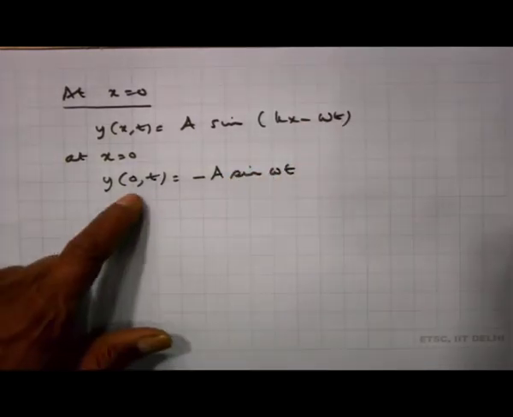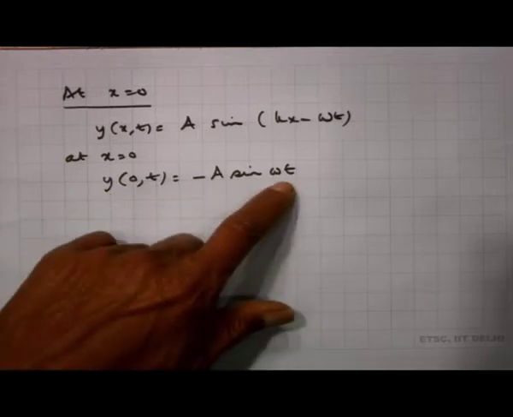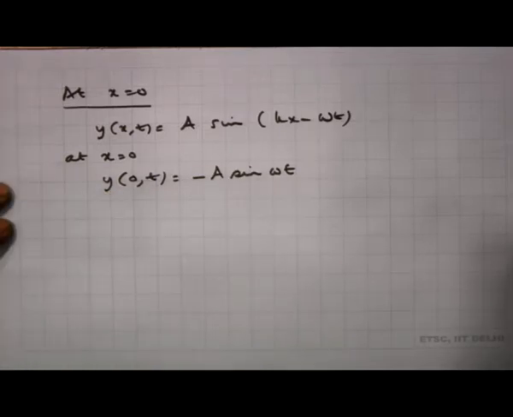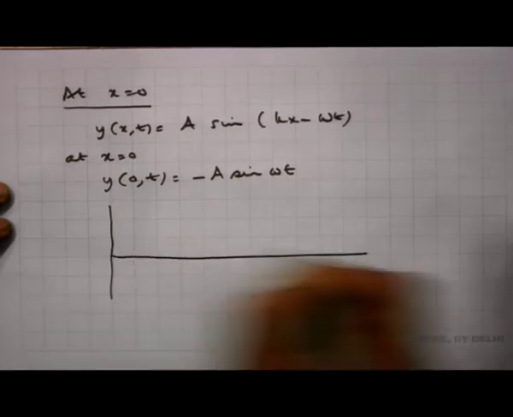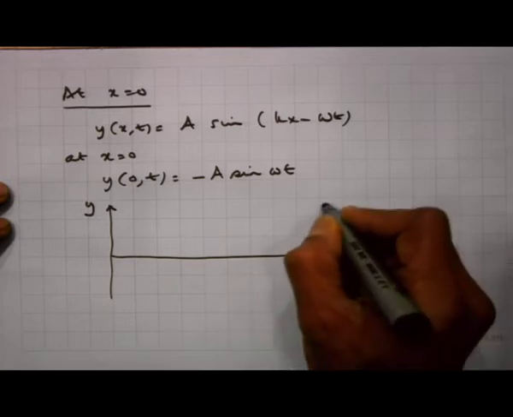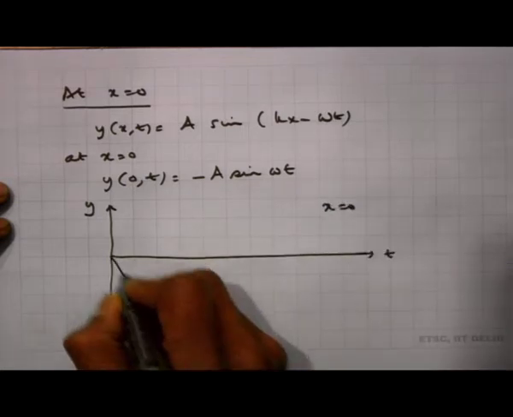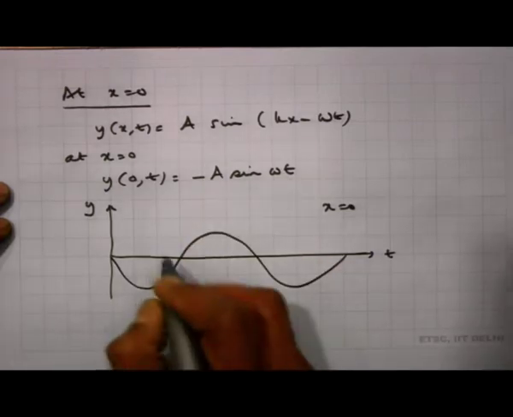So, if I position myself at a point which I call x is equal to 0, the amplitude of the string depends on time of the form minus a sin omega t. So, if I plot this function again, this is y as a function of now time at x is equal to 0, and it goes like this. This is minus a sin omega t.